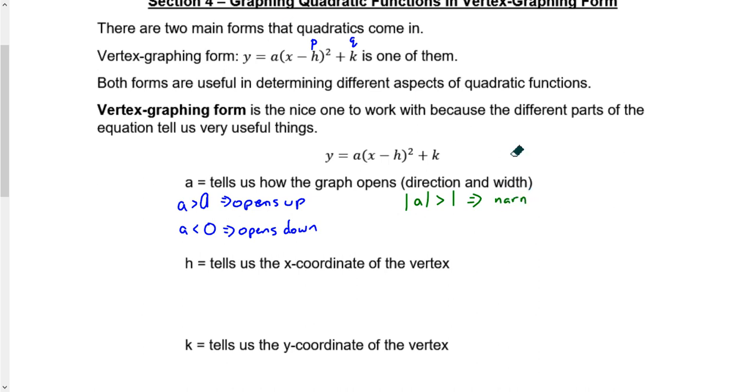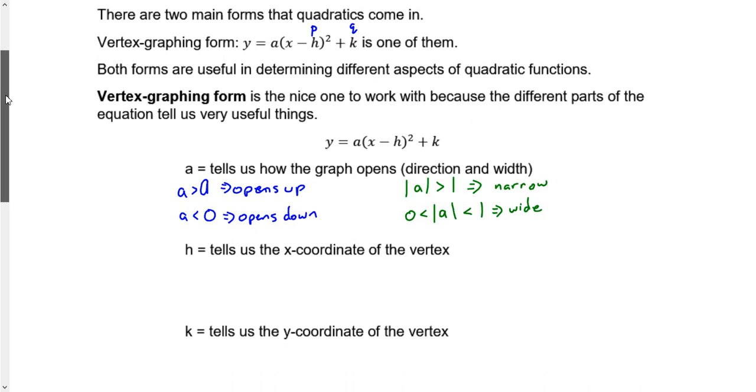Make that actually look like an R and not like an M. But if the a value, again, just basically the value of a without positives or negatives, is between 0 and 1, it's actually going to turn out to be quite wide. Now, of course, we're comparing that to when a actually equals 1, which is kind of the standard parabola width.